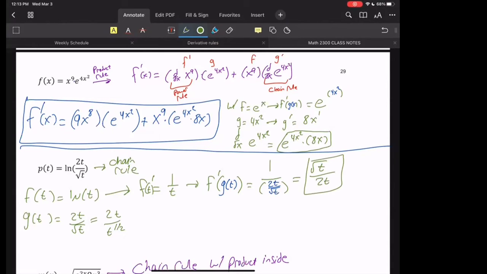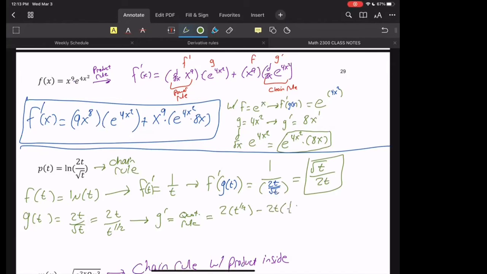Now, g prime is where the quotient rule comes in. So when we do g prime on the bottom, we're going to do the quotient rule because it's a quotient. And it's a bunch of power rules. So the quotient rule would be f prime g minus f g prime.